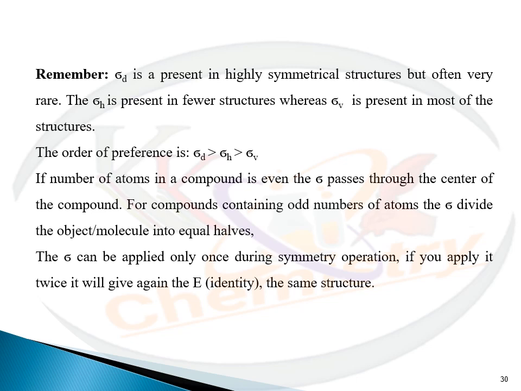If a molecule contains an odd number of atoms, the sigma does not divide the molecule into equal halves, like H2O. The sigma can be applied only once during the symmetry operation. If you apply it twice, it will give again the identity.